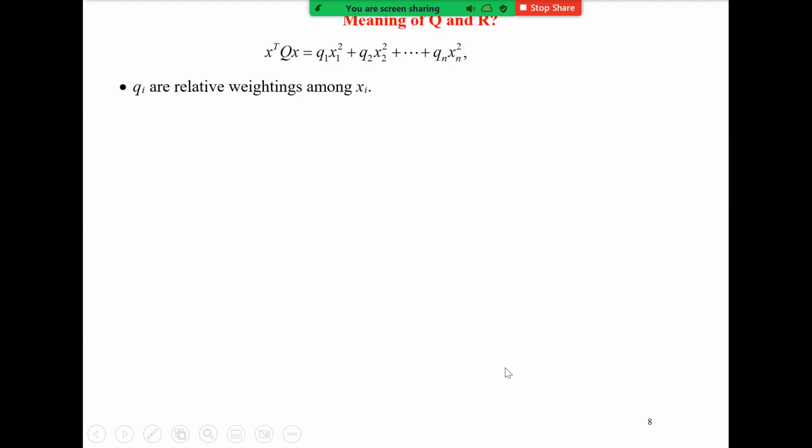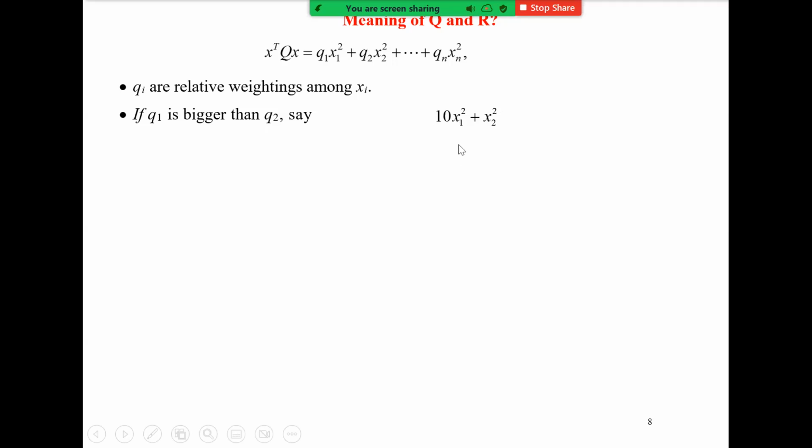Those Q are relative weighting among the state variables. For example, say there are two state variables, Q1 is 10, Q2 is 1, which means we put more weight, more emphasis on the first state variable.